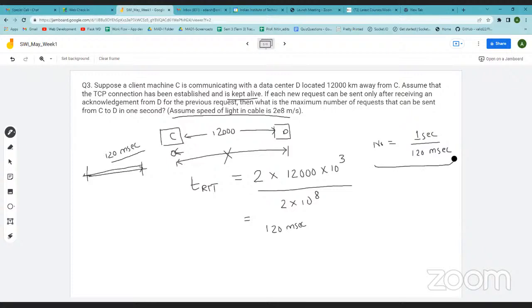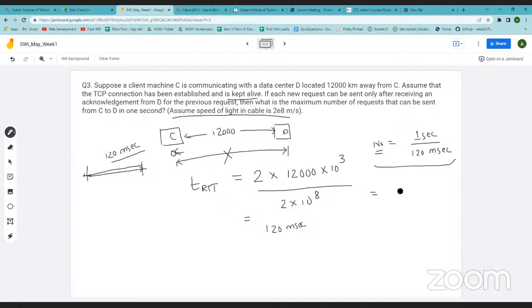Any doubt here? We know the unit time for each request, and we need to find the number of requests that can be sent in 1 second. So I just divided the time by the time. A number generally doesn't have a unit, so second divided by millisecond will be a unitless number.